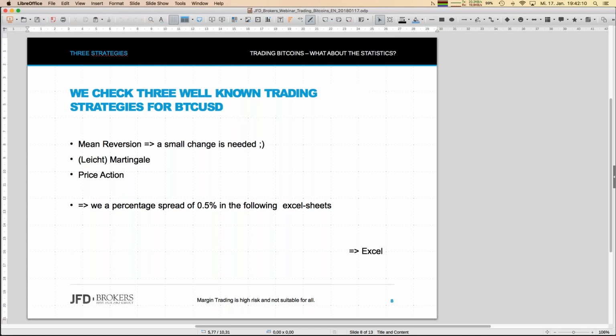And finally, we have a price action strategy, which is already from the name a good hint that it should work for Bitcoins. And the logic here is we measure the volatility by measuring the ATR.